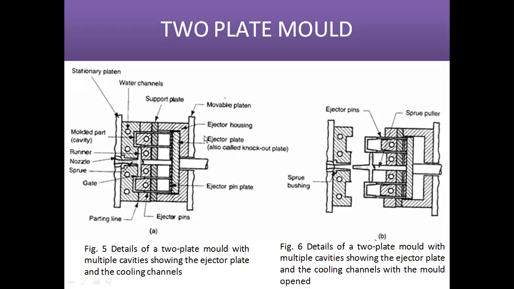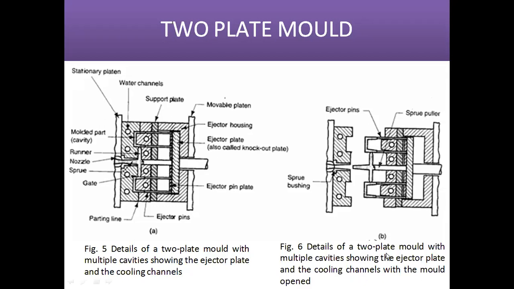So when the movable platen opens, meaning when it moves along this direction, the final product will move with the movable platen, and we can eject the final product after the end of the process.